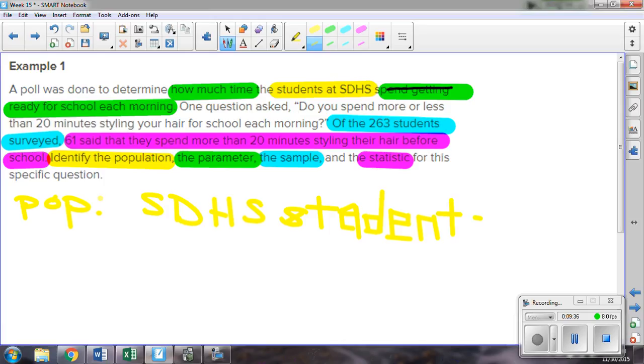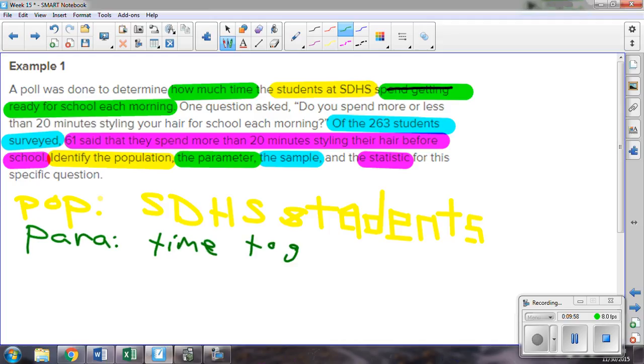Take that highlighter. Yeah, the statistic. And I'll just switch this over to the green. The parameter. Parameter is the time to get ready.